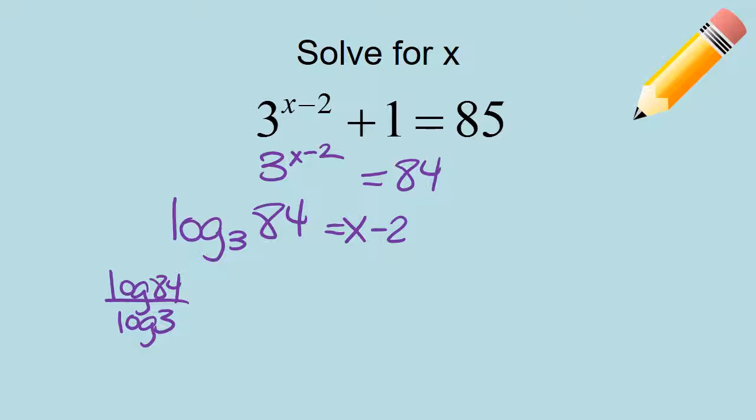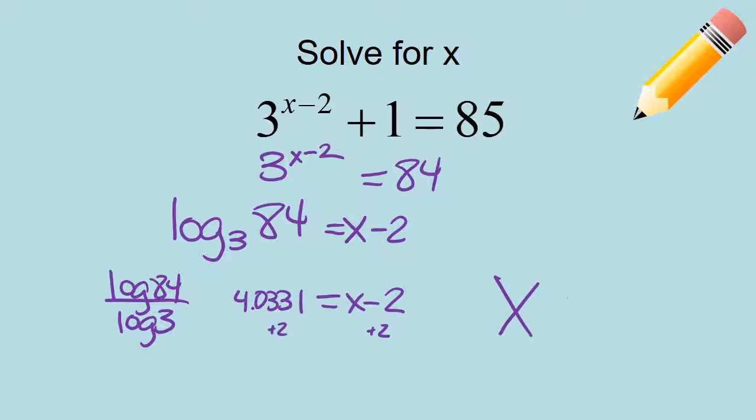I say that because if you use a rounded answer in your work, then your answer is not going to be as accurate. So when I divide these, I'm going to write it down, but I get approximately 4.0331, and that's still equal to x minus 2. So keep that crazy decimal in your calculator and just do plus 2 to move that 2 over.